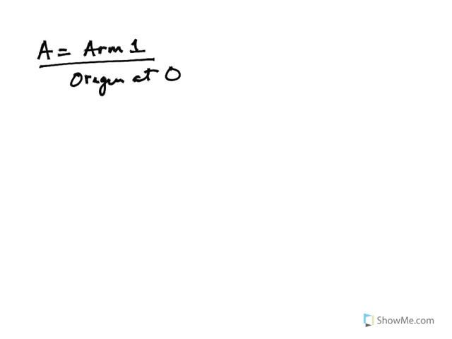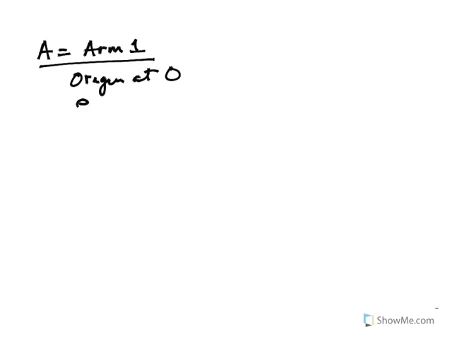Next, I need to define a coordinate system that's fixed to the first arm. So this coordinate system is going to have its origin also at O, because O is also fixed to the first arm. And I have to label these a little bit differently from what I may have labeled in previous problems.